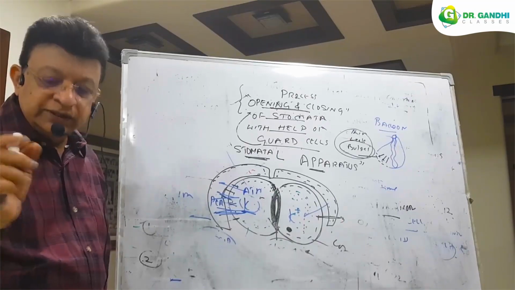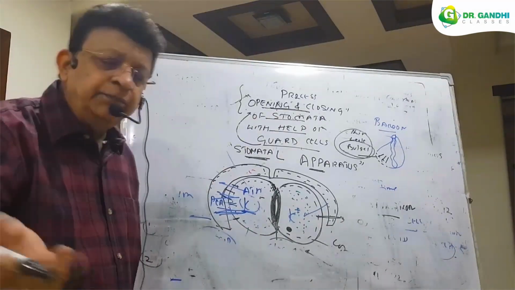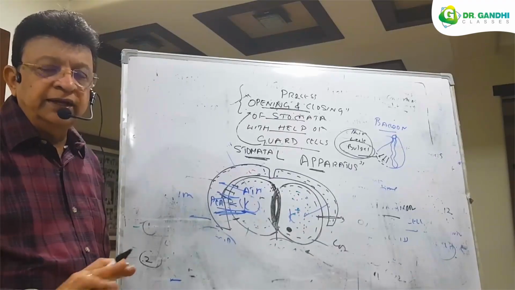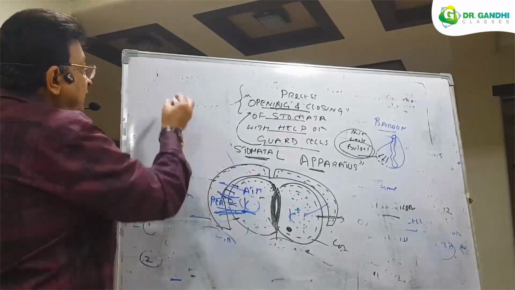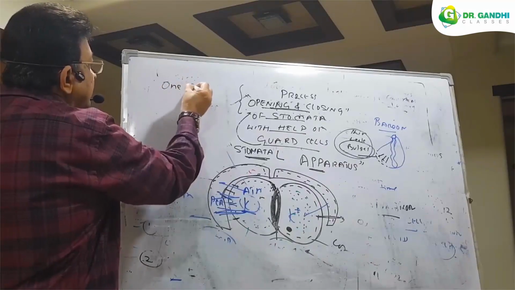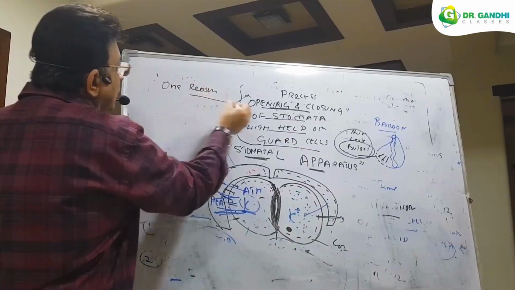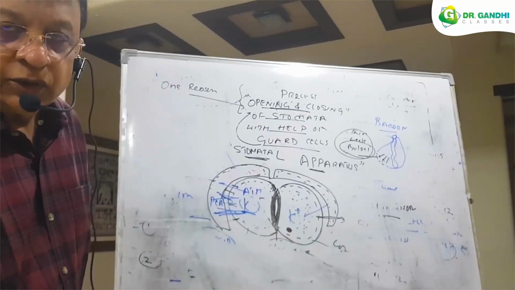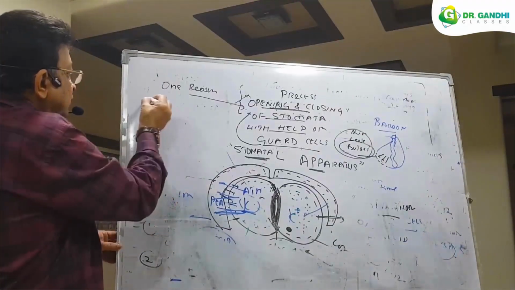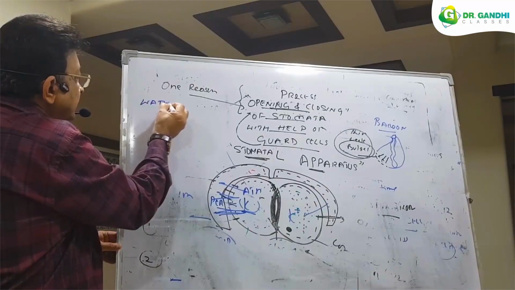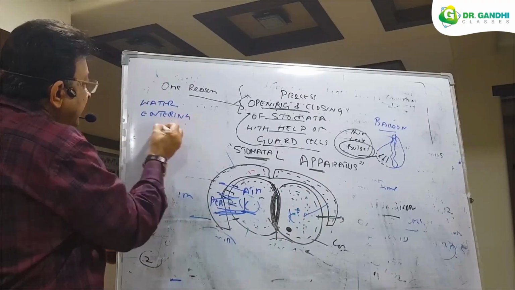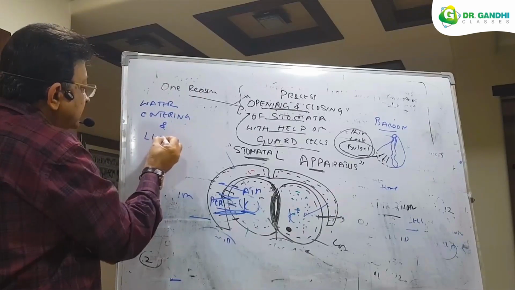I want to know what is the basic reason. It can be any theory, whether it is a sugar theory, a potassium ion theory, irrespective. Give one reason for opening and closing of stomata. Okay, that one reason is water entering and leaving the guard cells.